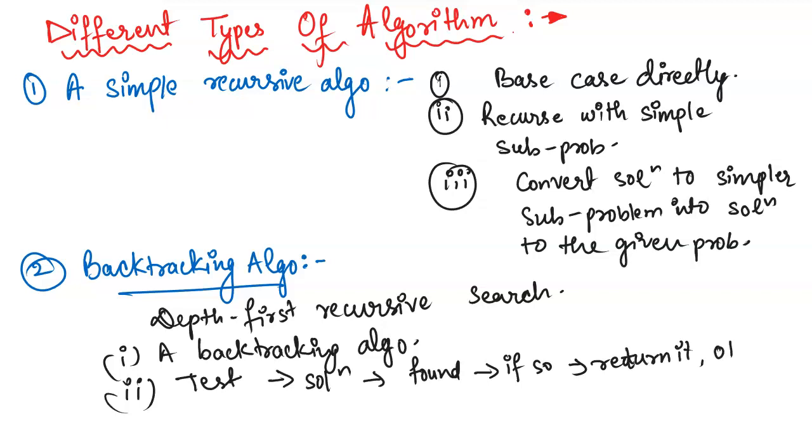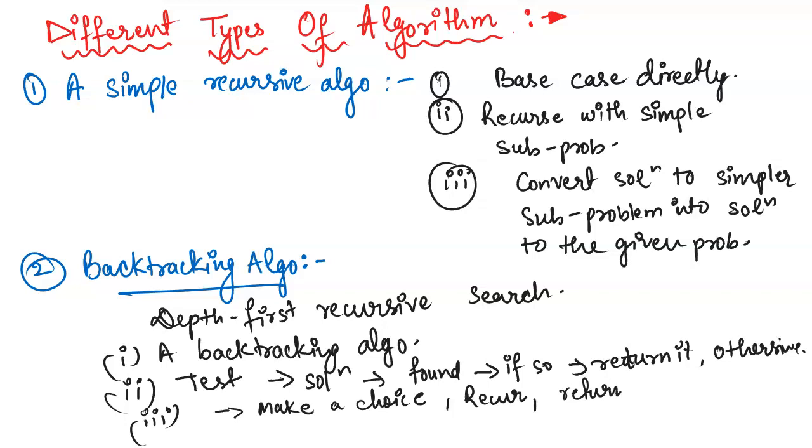Otherwise, the third step will be for each choice that can be made at this point: first we will make a choice, second we will recurse, and third, if recursion returns a solution, then we will return it. And the last one, the fourth: if no choice remains, return failure. So this is for backtracking.